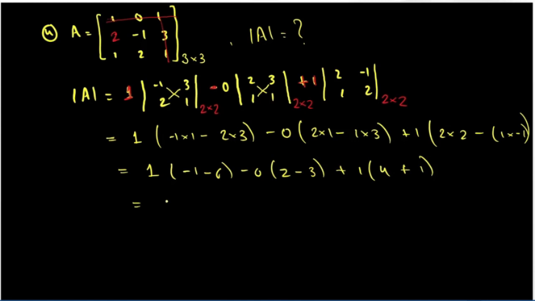So that will be equal to -7 plus 0 plus 5. And this will be -2. So here the determinant of this matrix is not equal to 0. That's why it will be known as a non-singular matrix.